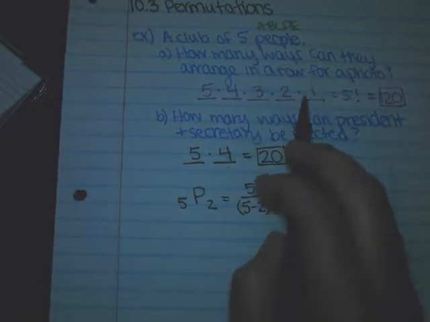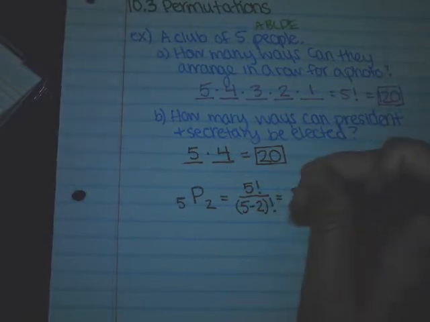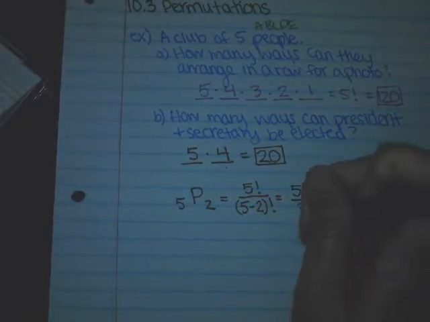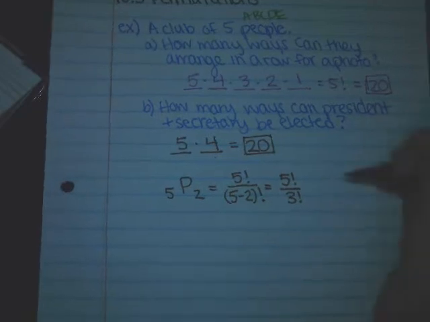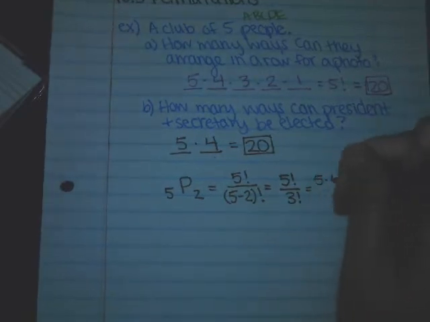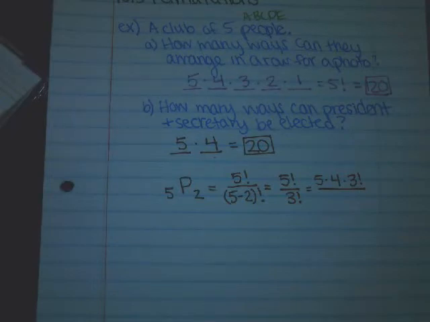For question B, we're taking away the 3 times 2 times 1. So this is 5 factorial over 3 factorial. And to simplify that, we write the bigger number as 5 times 4 times 3 factorial, and it's just 5 times 4, which is 20.